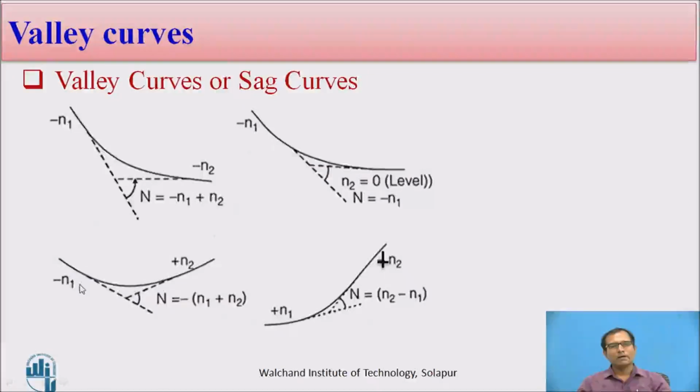Another case is a descending gradient meeting an ascending gradient, that is minus n1 plus n2, so n equals minus of n1 plus n2. A descending gradient meeting perfectly level ground, that is n2 equal to 0, gives n equal to minus n1. An ascending gradient meeting another ascending gradient, plus n2, gives n equal to n2 minus n1.